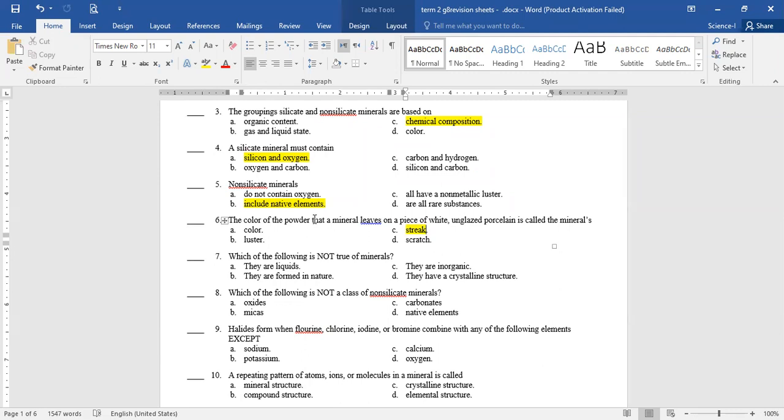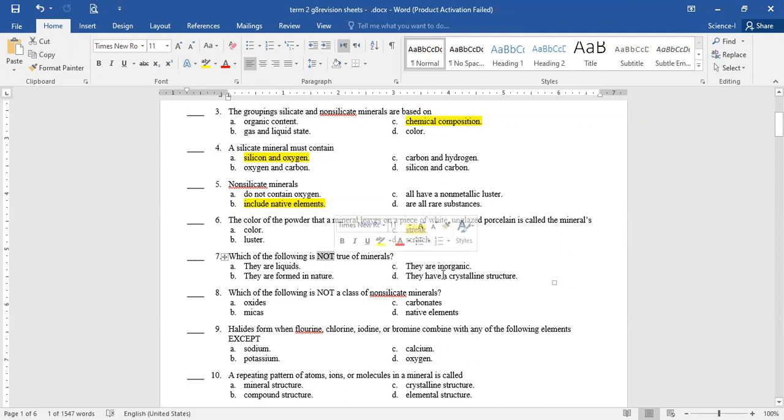Question 7, which of the following is not true of a mineral? Okay, Fadia? C. Not true. No, inorganic. It's not organic, that means inorganic.